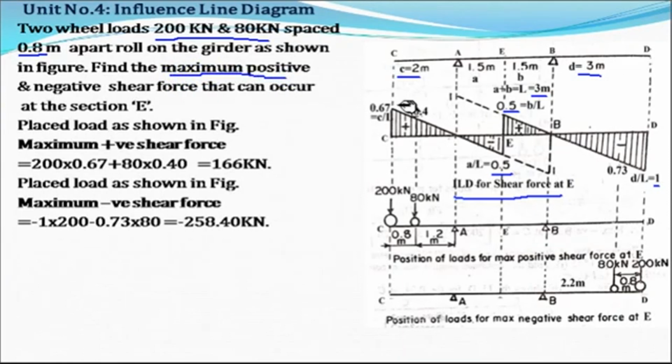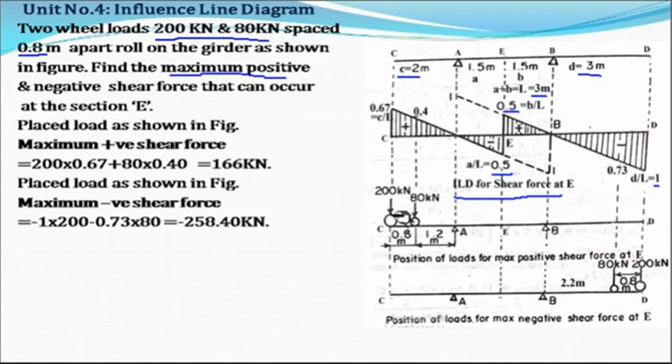Okay. Now if you observe this influence line diagram for shear force at E, here we have to see the positive shear force diagram. Okay, this is the positive shear force diagram and this is the second positive shear force diagram. Now you have to observe the ordinate. Here the ordinate is 0.67, but here the ordinate is 0.5.